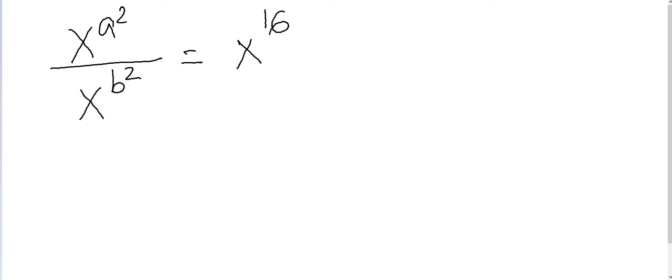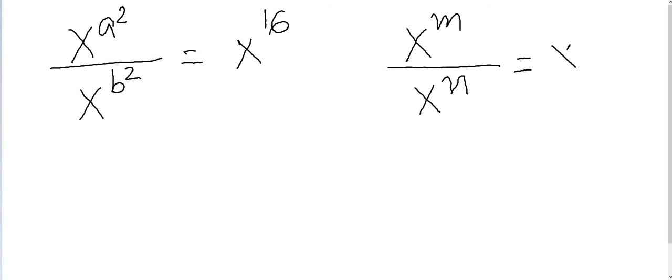I'll just write that down here. X to the power m divided by the same base, x to the power n, is equal to x to the power m minus n. That's a formula that you need to memorize for the test.